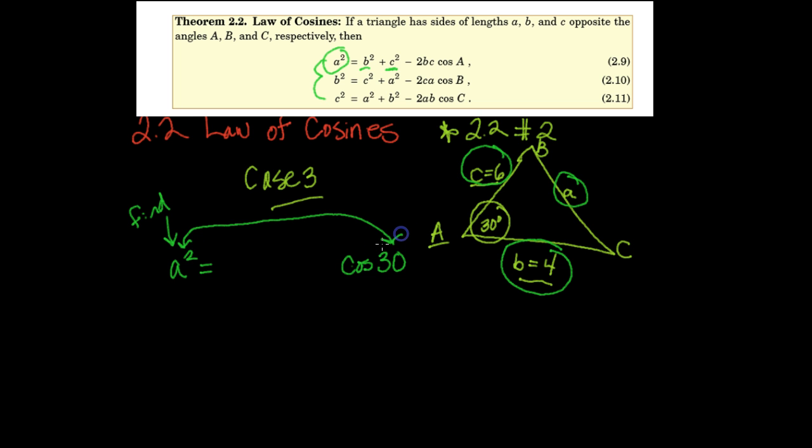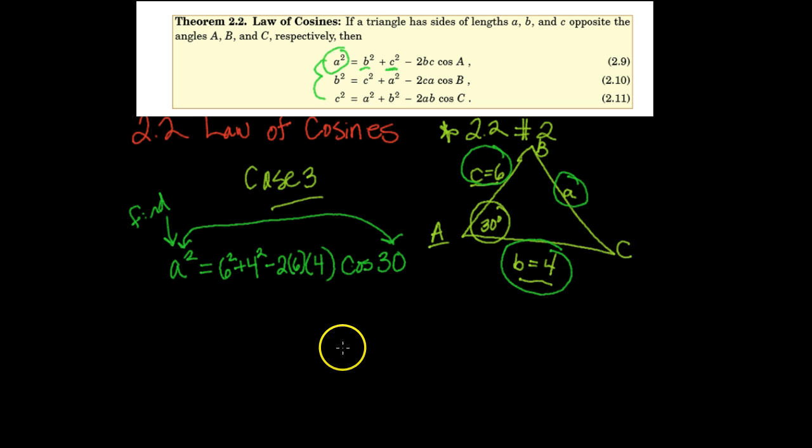And the way that I remember this, and I don't have to memorize it, is that I just use the other two sides and I square them. So it's 6 squared plus 4 squared, doesn't matter what order, minus 2bc, so 2, but I'm just going to multiply 6 and 4 together.